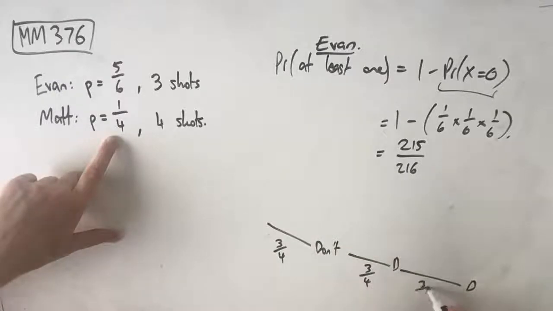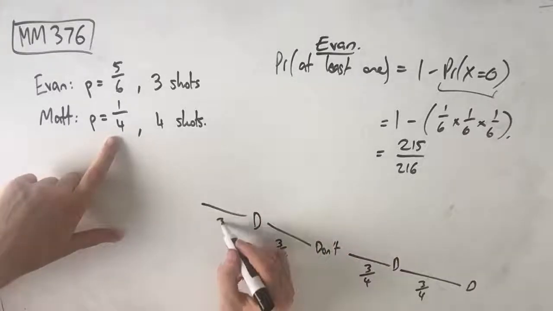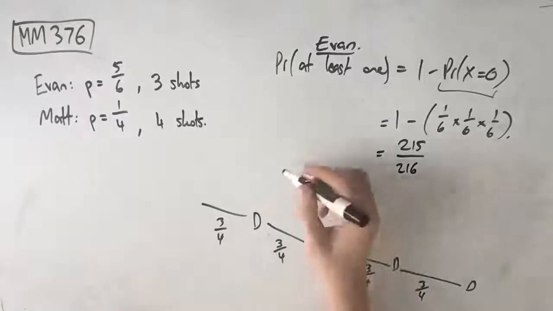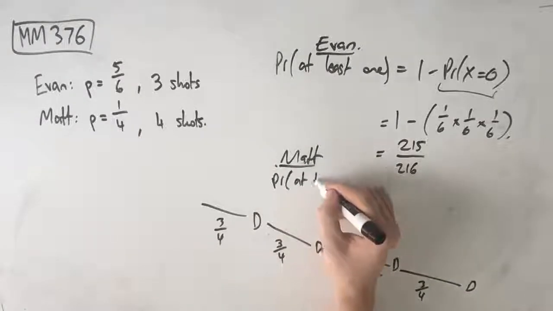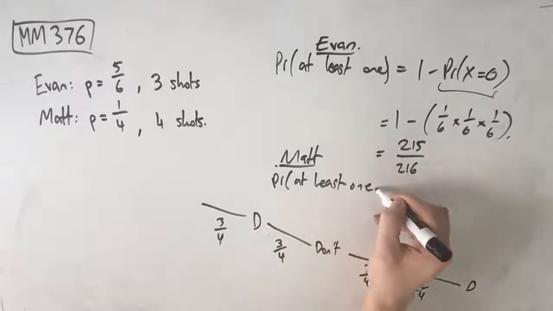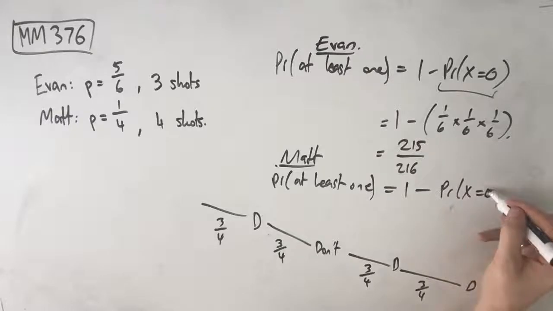The difference with Matt is that he has 4 shots at goal and he still can't make them, so he actually has another one of 3 on 4. Now we're looking for the probability that Matt scores at least once, which again the quickest way is 1 minus the probability that he doesn't score.